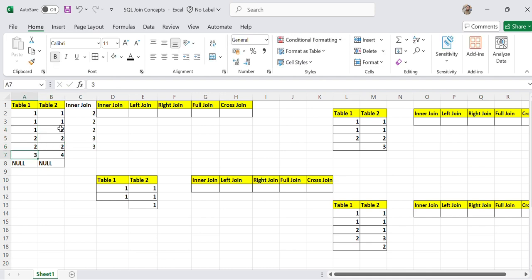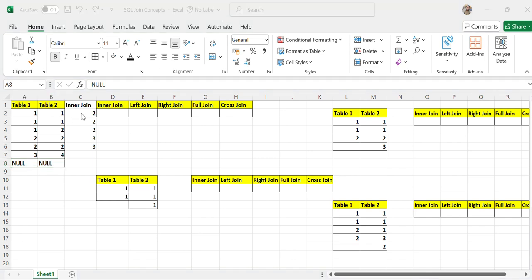This 3 does not match the right table, so we will skip it. And in SQL, null is not matched with null, so we will also skip this.